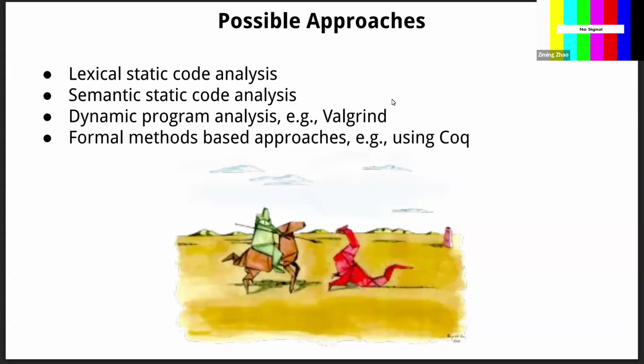There are many approaches. First of all, you can do static analysis. Static analysis basically means you do not run the program. You look at the source code, you look at the binary code, like what you guys are doing. What you guys are doing for hacking is both static and dynamic.